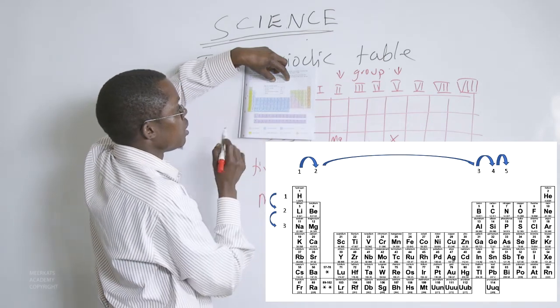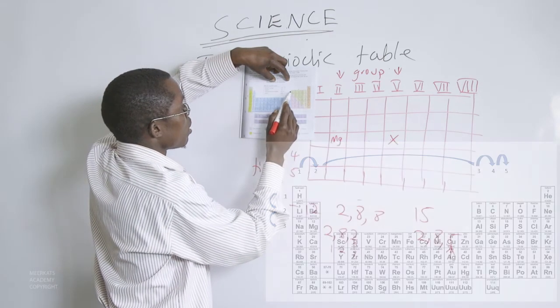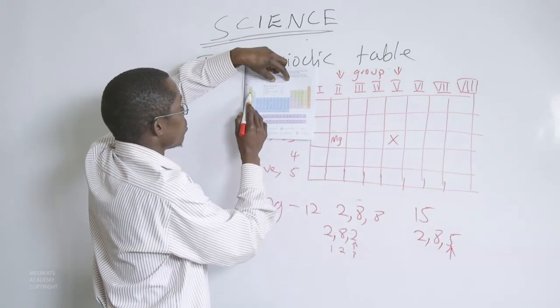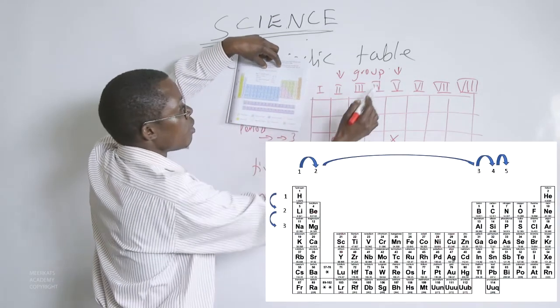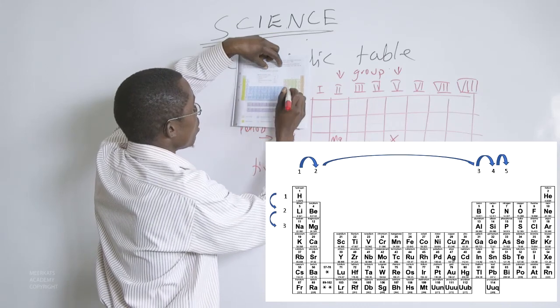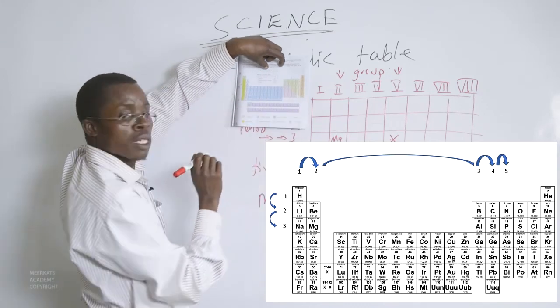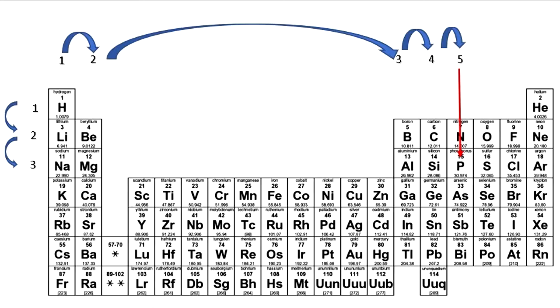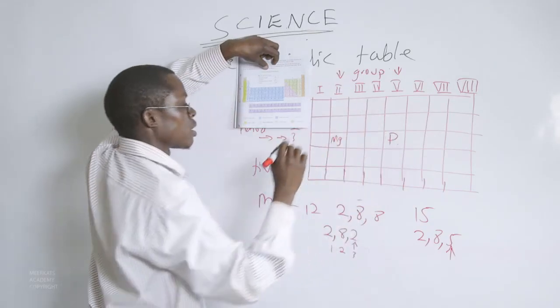You move to 5, and that is the point. And the element is phosphorus. So here at point X, the element is phosphorus.